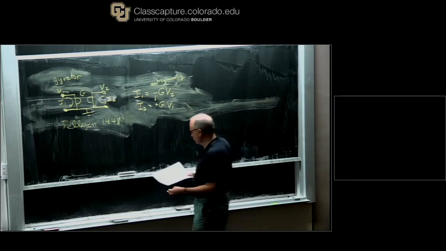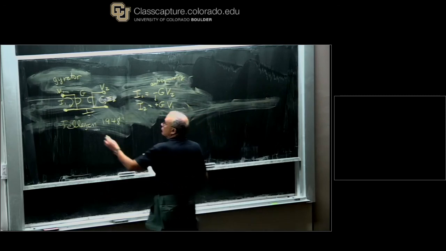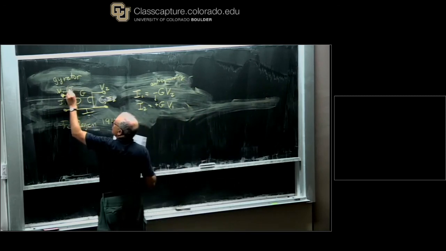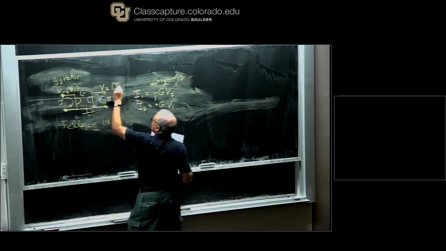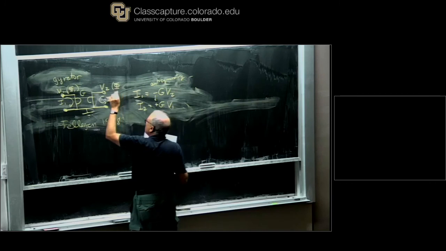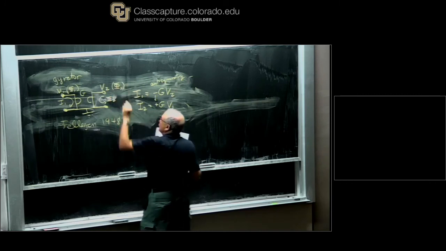It's something else. So let me just write it down for you. Remember, we're going to use phi's. This will fit right into our phi theories, our node flux quantization scheme.